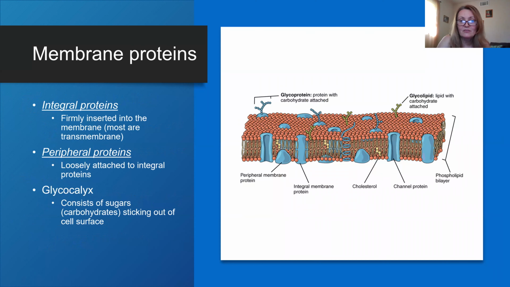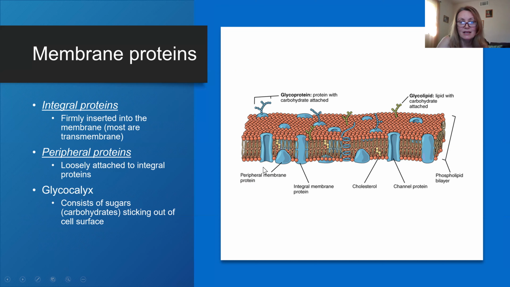Right, and then we have proteins, all right? So proteins are shown here in this bluish color. And proteins can be divided into integral and peripheral. So integral proteins are firmly inserted into the membrane, and most of them are transmembrane.